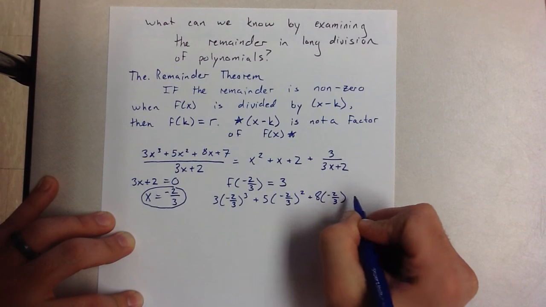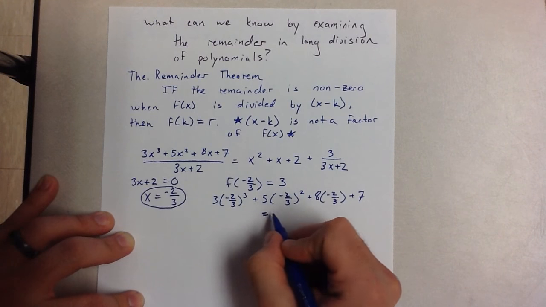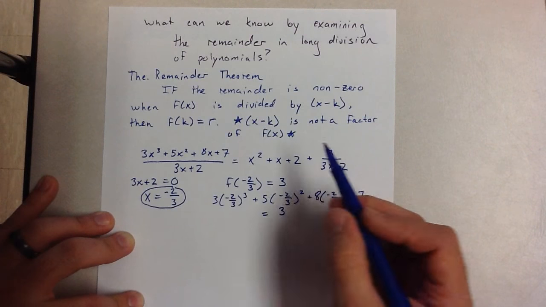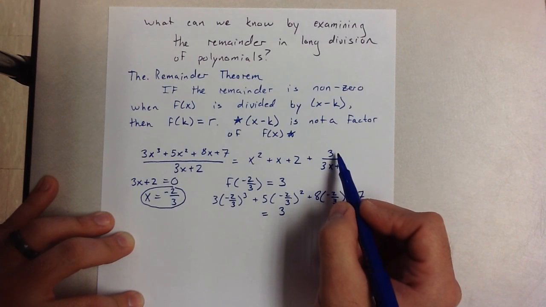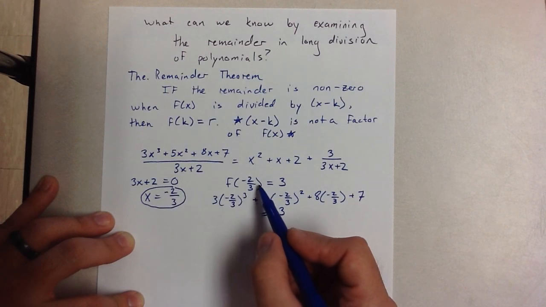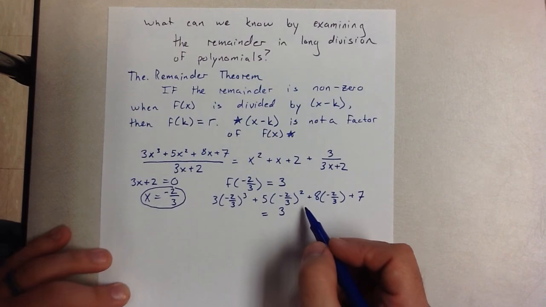But if we put this into the calculator, we will find that we get simply 3. And that's what we're saying here: when our remainder is non-zero, we take our k from the divisor, place it into the function, and we get the remainder out. So that is the remainder theorem.